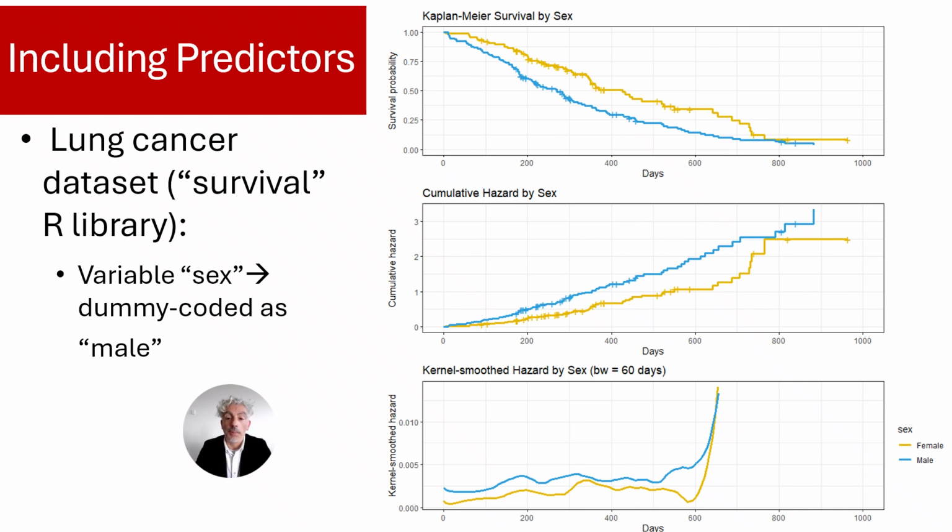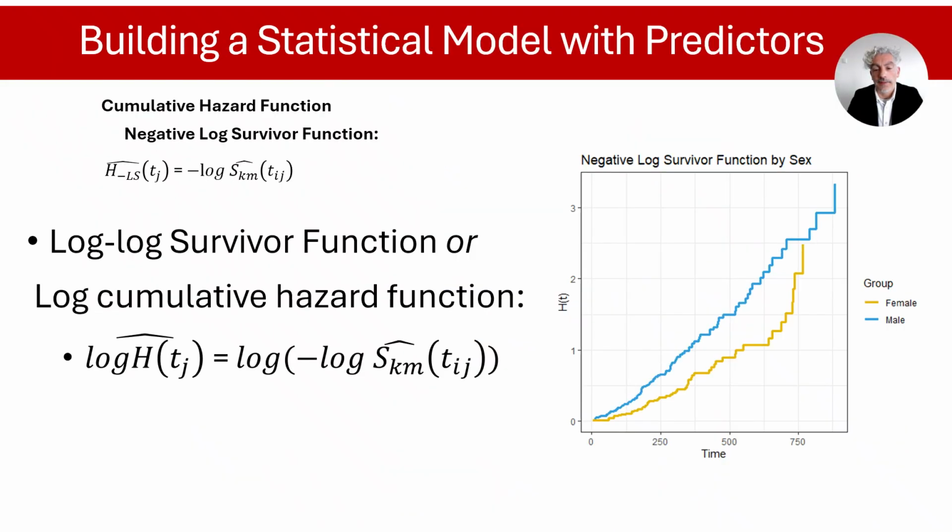But given the complexity of these estimates, it might seem difficult to build a statistical model to investigate the association between covariates or predictors and event occurrence. A strategy to overcome the problems in modeling this type of data is to build a statistical model starting from the cumulative hazard functions.